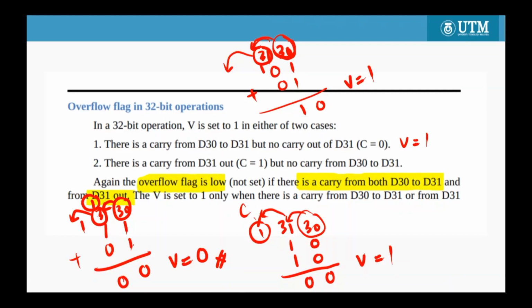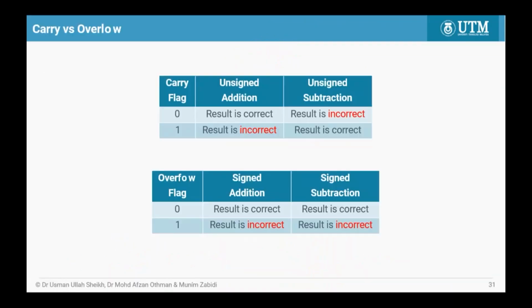This is how you determine the V flag, the overflow flag, by looking at bits 30 and 31 as well as the carry out from bit 31. This is the difference between a carry and overflow. You can look at it by yourself.